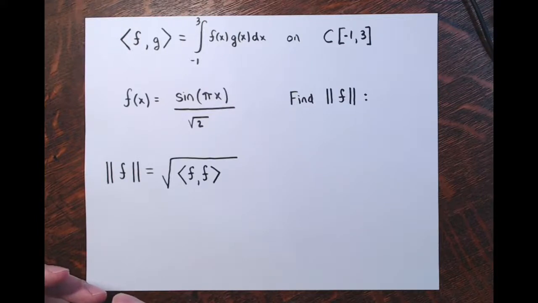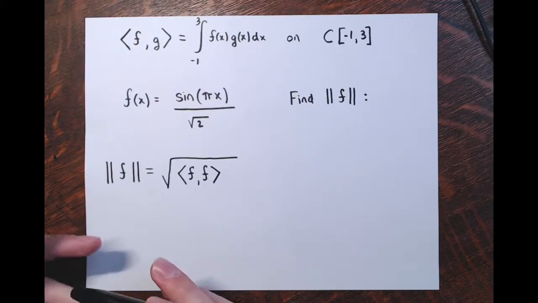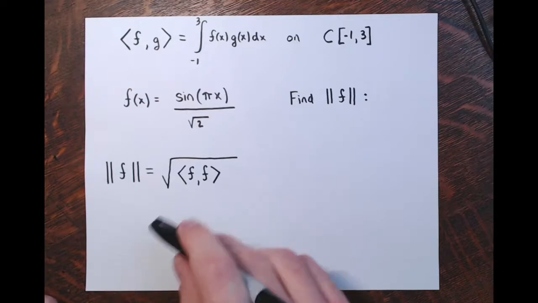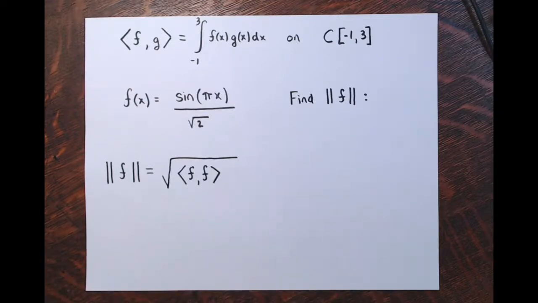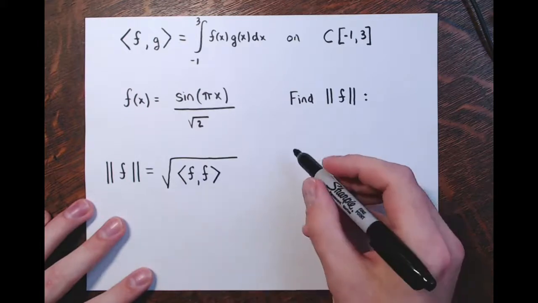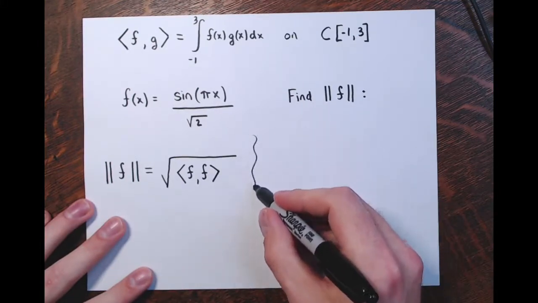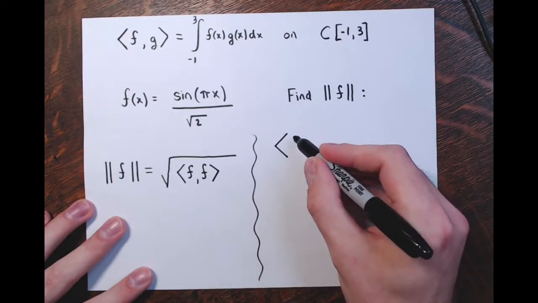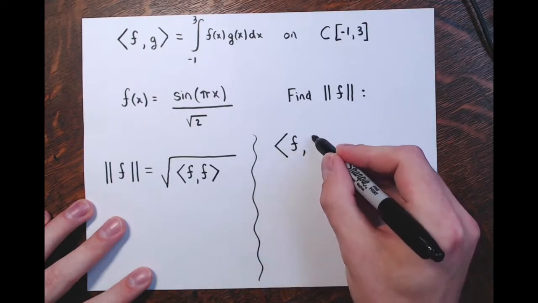It's non-negative all the time. It's got the homogeneity property, and it's also satisfying the triangle inequality. And you can check that if you want, but I'm not going to do that. We're just going to find this norm. So first I would like to find, off to the side here, what's the inner product of f with itself?